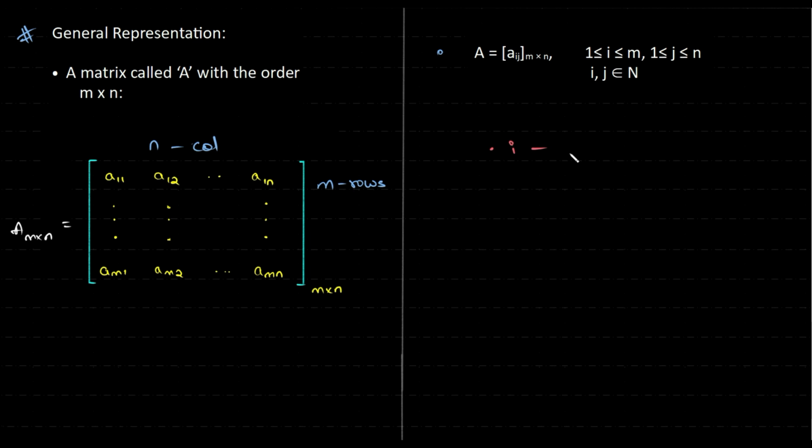Here i represents the rows and j represents the columns. And M over here represents the maximum number of rows, and N represents the maximum number of columns.